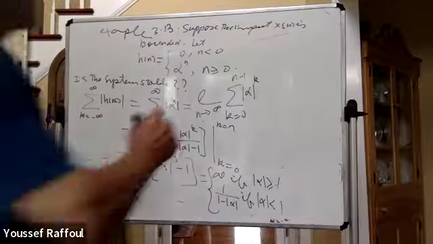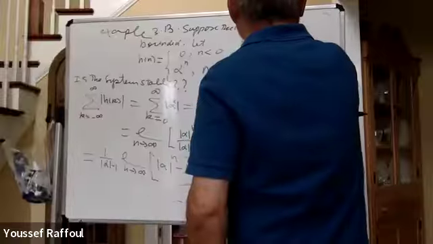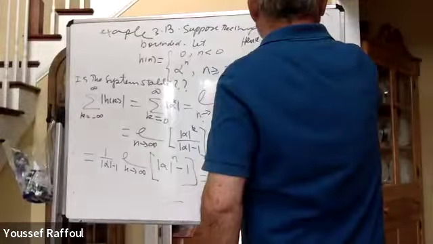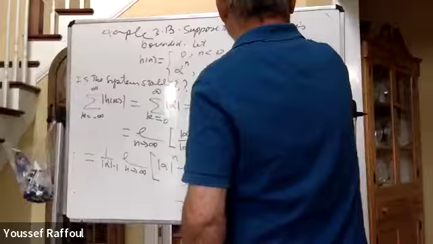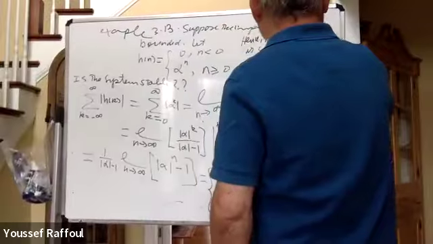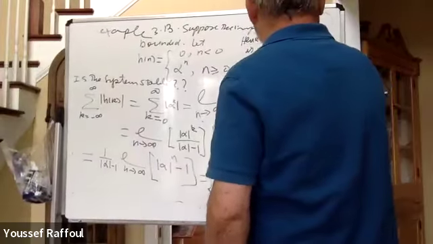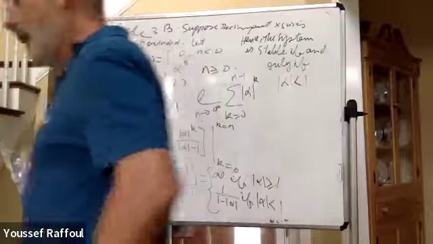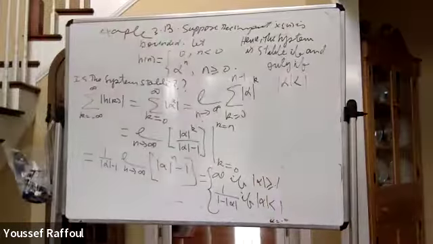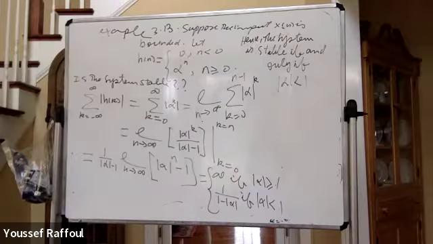So, hence, the system is stable if and only if alpha is less than 1. Okay? Any questions?